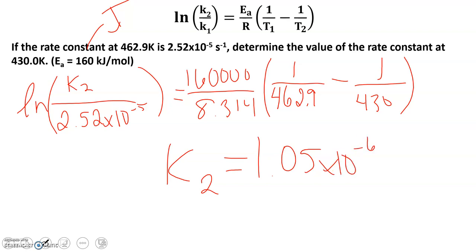And your unit is going to be the same as it is for K1, so 1 over second, or inverse second. Now, I would recommend that you stop this video and try that math just to make sure that you get the same answer that I got. And if you're unsure how to do it, you can ask me in class on Monday or Tuesday, and I'll be happy to walk through the steps if you're not sure how I got K2.